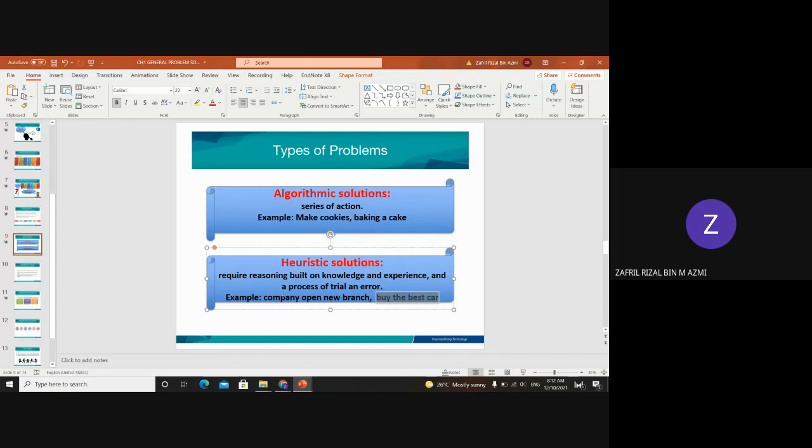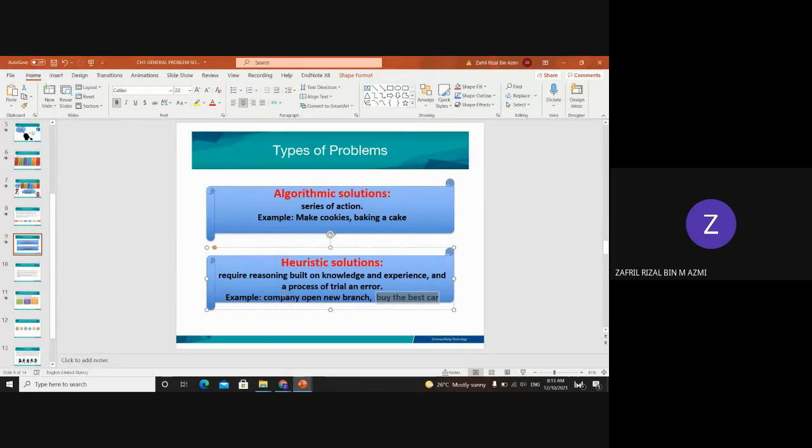In order for you to get the best solution, you need to have experience with many girlfriends, you need to have experience with many boyfriends, so you will know that your latest choice is the best girlfriend or boyfriend. So you need to have this experience and knowledge first.